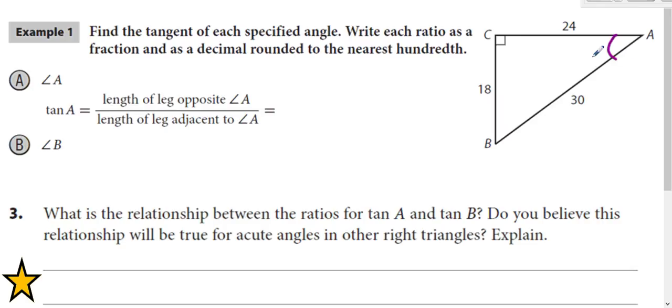Remember, for opposite, you look as if this was a wave that was rolling out. We would get over here to the 18. So the opposite side is 18. The adjacent side, the side that's next to the angle, between the angle and the right angle, is 24. You can even reduce that, divide by 6, you get 3/4.